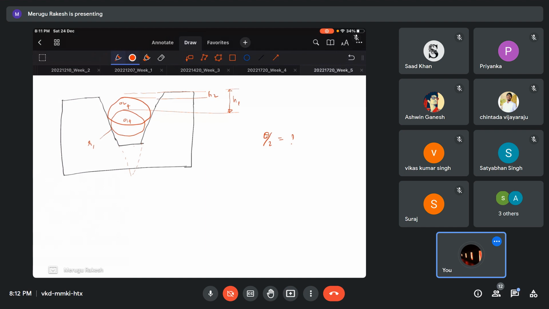So you can take R1 or D1. This is R2 or D2, the radius and diameter. You can use any one, and you can just give me the value of theta by 2. I give 2 minutes, then I will discuss.